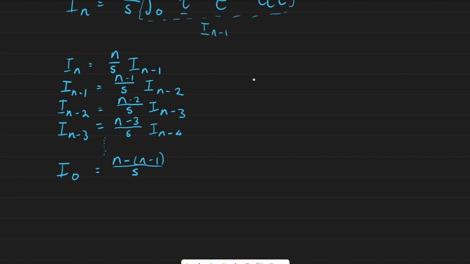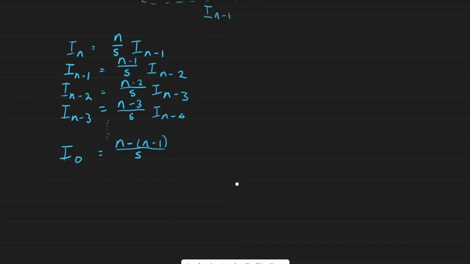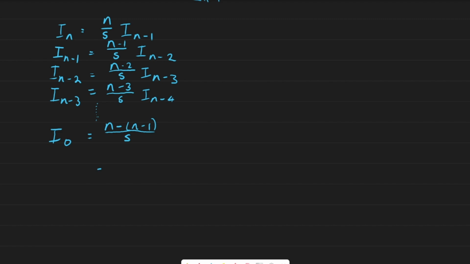So what we're going to do now is just write it as we see it here. So this I_n is equal to n over s, I'm just copying this, times I_(n-1). But what is I_(n-1)? I_(n-1) is this thing. So we can substitute that in there.